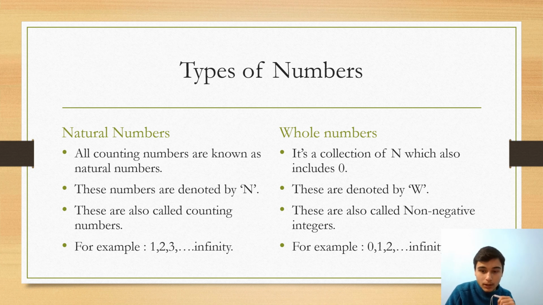Non-negative means those numbers which are not negative integers. So from 1 to infinity are positive, and 0 is also known as an integer. It is a non-negative integer, so whole numbers are also known as non-negative integers. It starts from 0, 1, 2 till infinity. Now let's move forward.